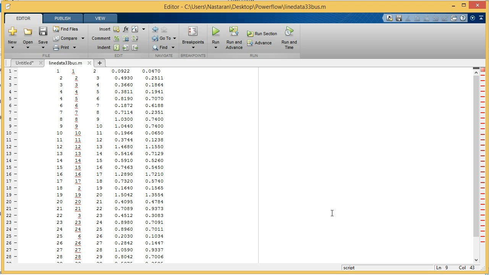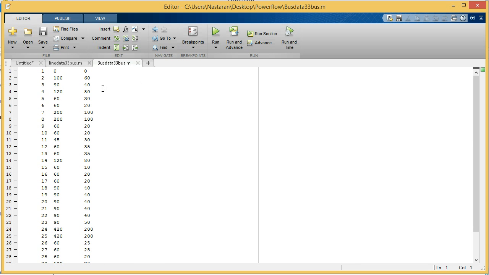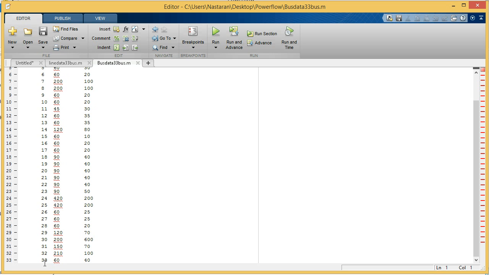And we also have the bus data over here. Bus data consists of 3 columns, and the first column shows the bus number, which is a maximum of 33 buses.